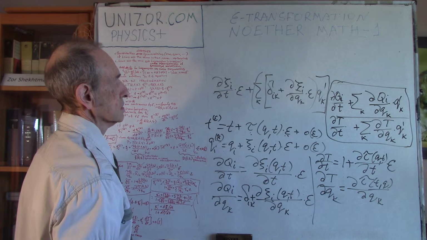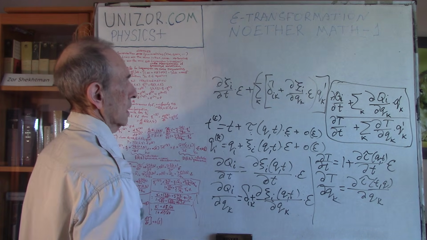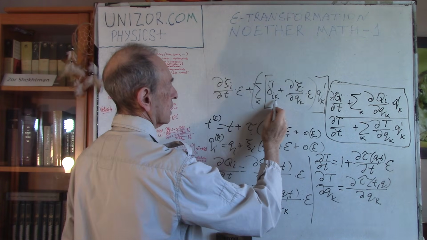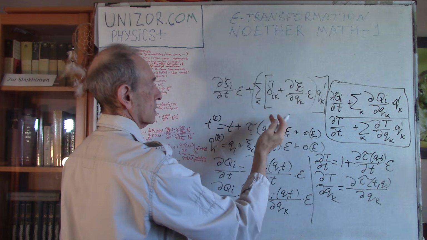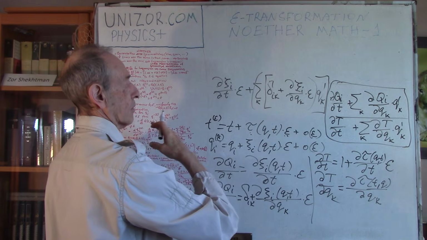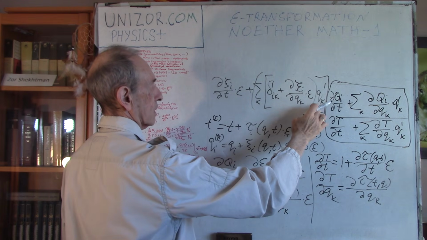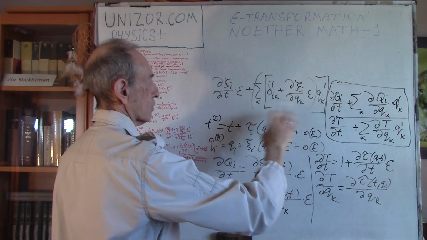Okay, so what does it mean? Now, if k is equal to i, this is 1. And let me just separate this multiplied by qk from the rest of this.